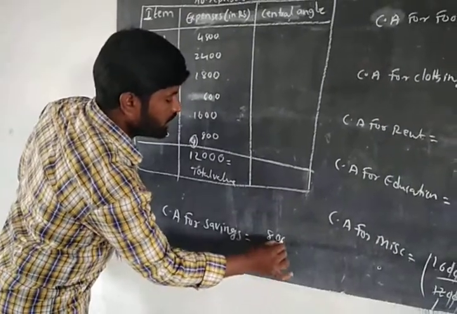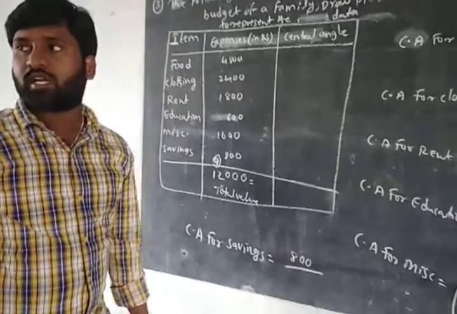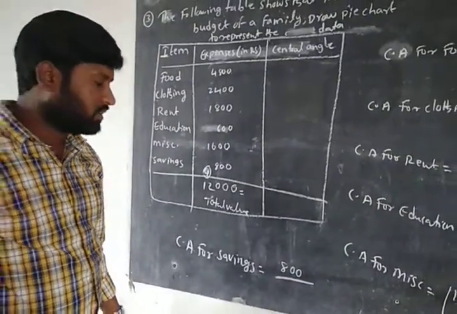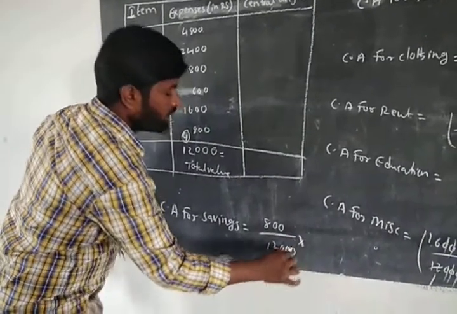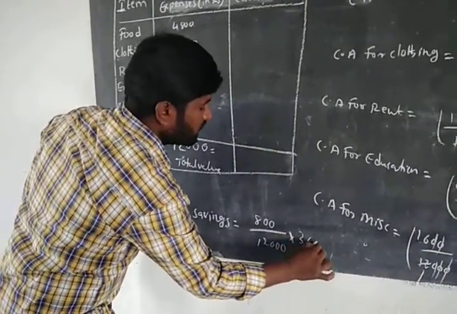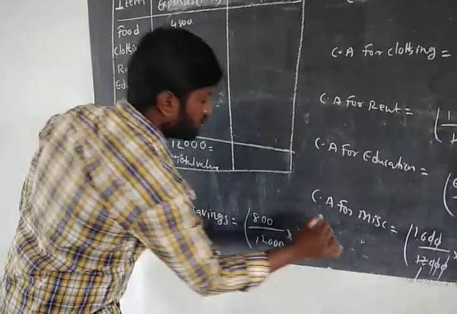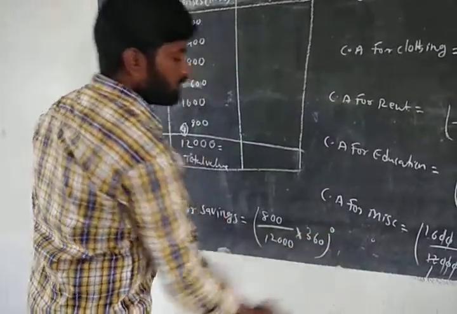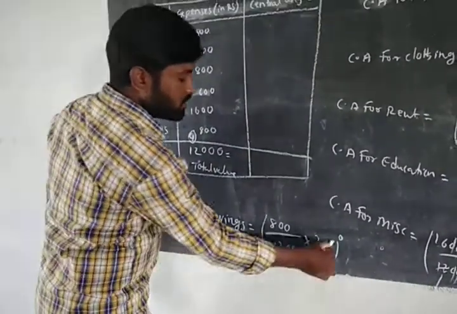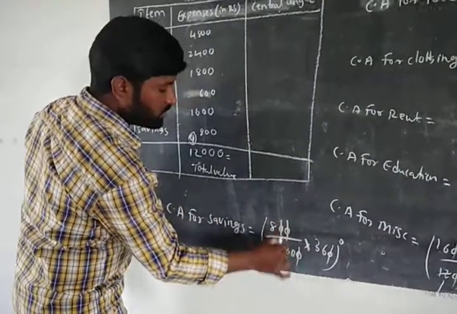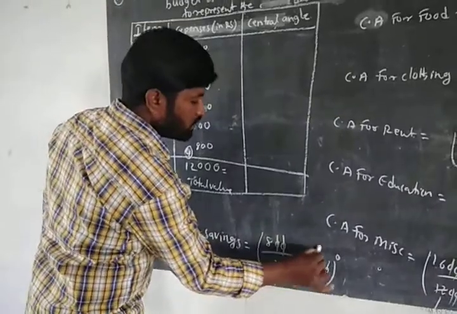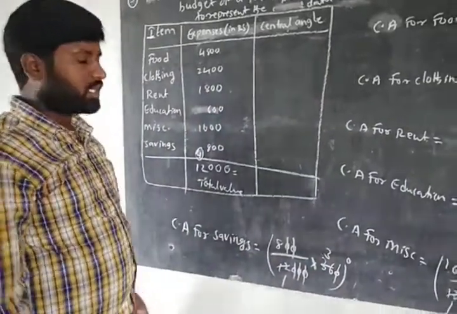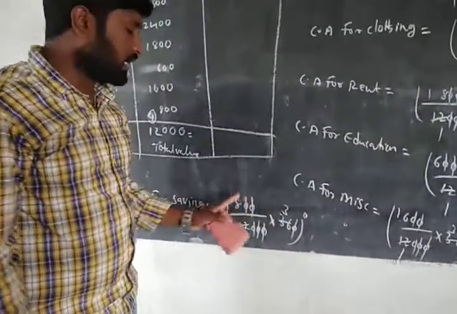So that is 800 divided by 12,000, into 360 degrees. The zeros cancel. 12 ones are 12, 12 threes are 36. 8 into 3: 8 threes are 24 degrees.